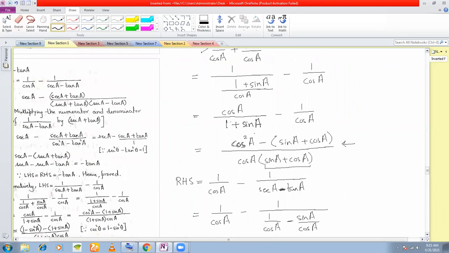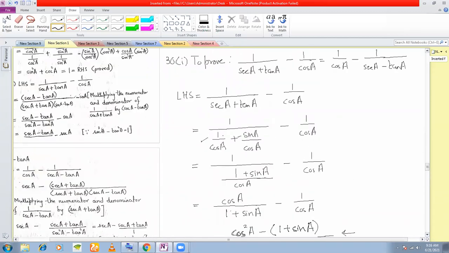So now here when I'm taking the LCM, I'll get cos square A minus 1 plus sin A, isn't it? 1 by cos A plus sin A by cos A. If I'm taking the LCM, I must get a 1 plus sin A in the numerator, isn't it? I had taken sin A plus cos A. That was a mistake.